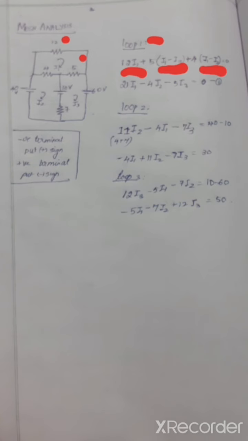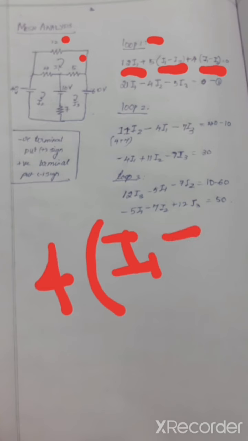This is similar to what we did for the 5 ohm resistor. 4 is the resistance, multiplied by I1, which gets the most preference because we are considering loop 1, minus the opposite current. The 4 ohm resistor lies between loops 1 and 2, so it has to be I2. This is how you form the equations.